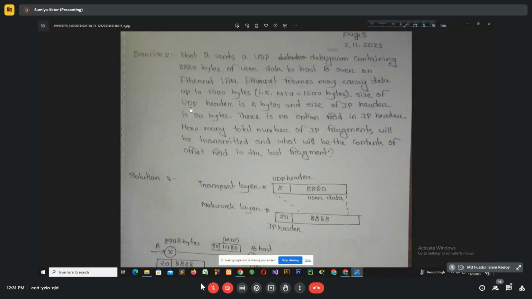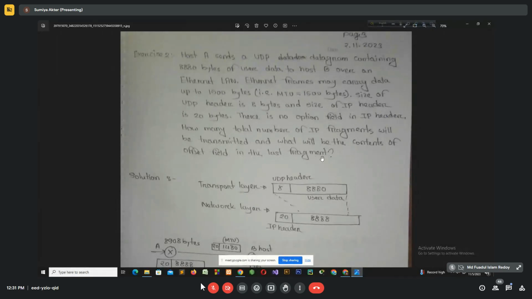The size of the UDP header is 8 bytes and the size of the IP header is 20 bytes. Here it is important to see that the UDP header is 8 bytes and there is no option field in the IP header. How many total IP fragments will be transmitted and what will be the contents of the offset field in the last fragment?